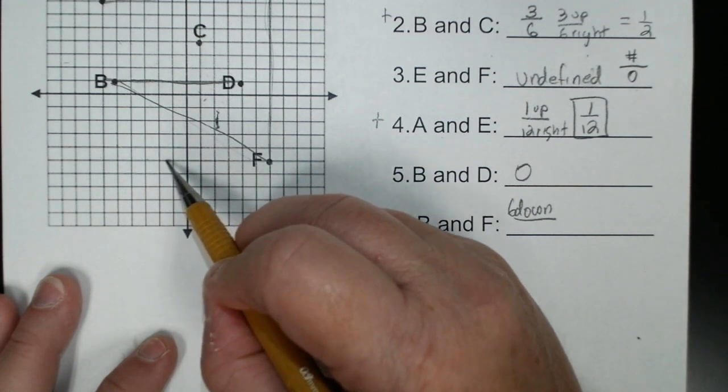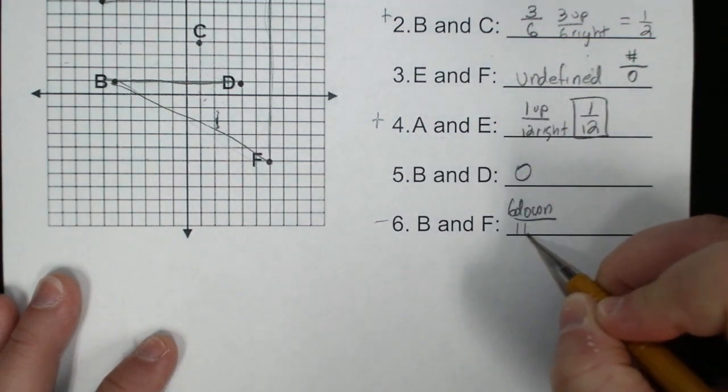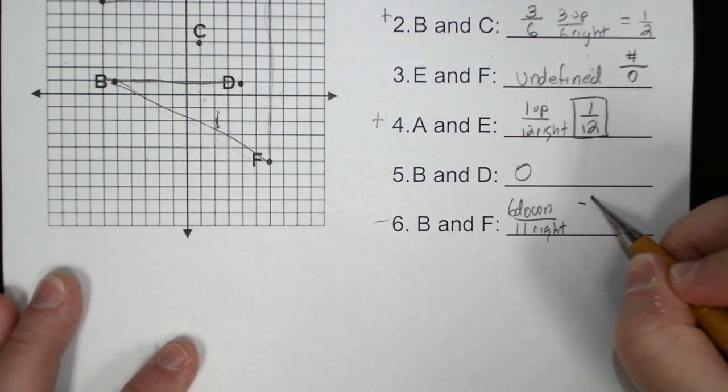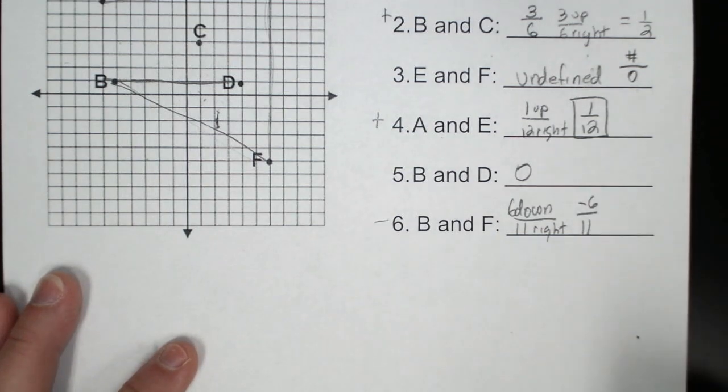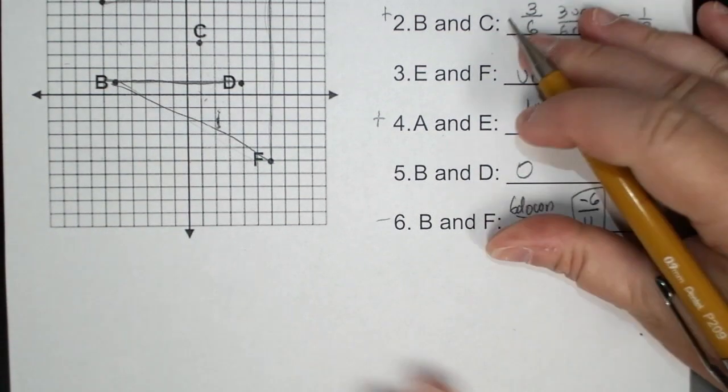Then 1, 2, 3, 4, 5, 6, 7, 8, 9, 10, 11, 11 right. Down is negative, and then it's negative 6 over 11, and that is my slope.